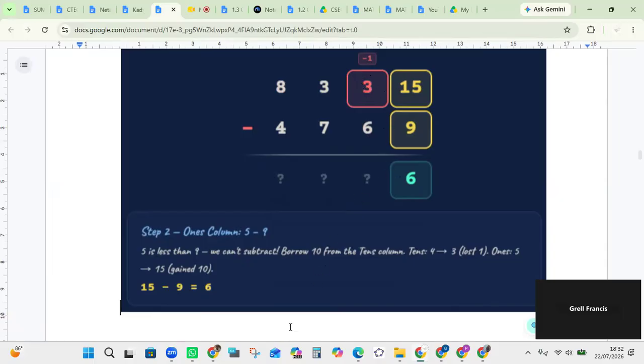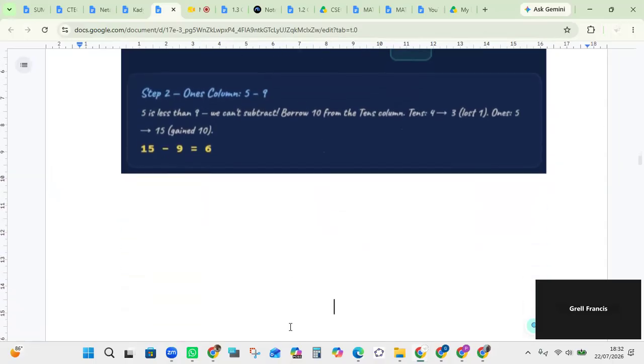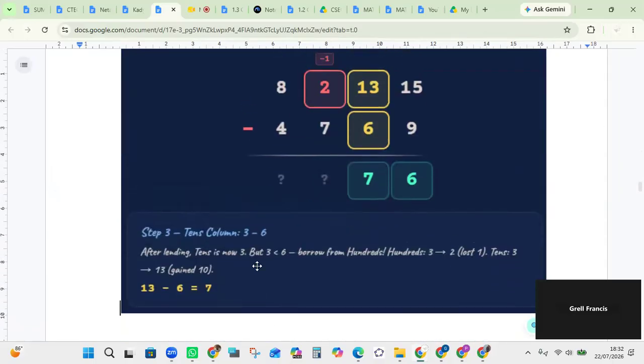So now we go to step 3, where you have to subtract 6 from 3, but you can't. So you do the same thing: you take out 1, it will be 2 instead of 3, and that makes 14.